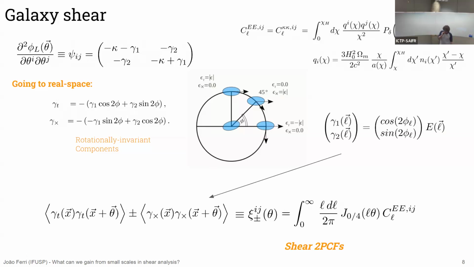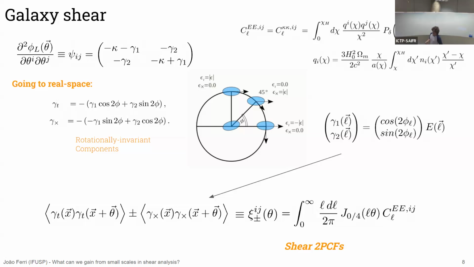Sure, I understand. Are you saying then that there is redundant information in kappa between gamma 1 and gamma 2? No, no, no. The thing is that gamma 1 and gamma 2 are objects of a spin 2 field. So gamma is a spin 2 field, and you decompose it into gamma 1 and gamma 2. So in real space, there's no degeneracy, let's say. They don't contain redundant information.